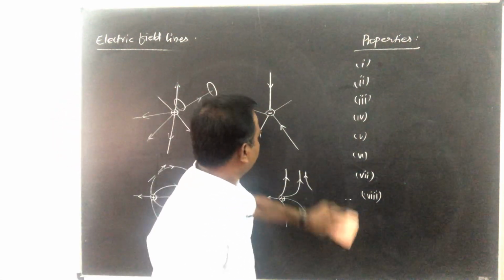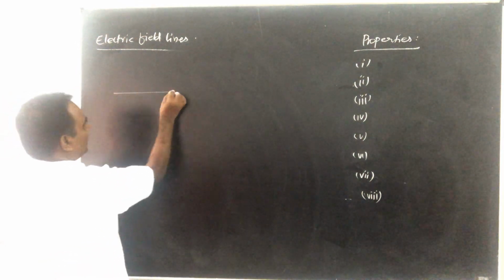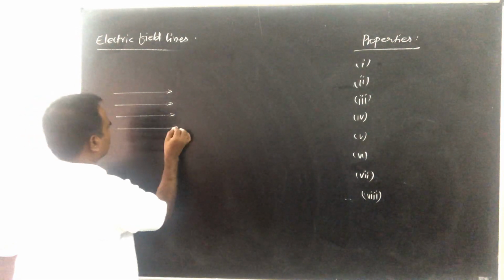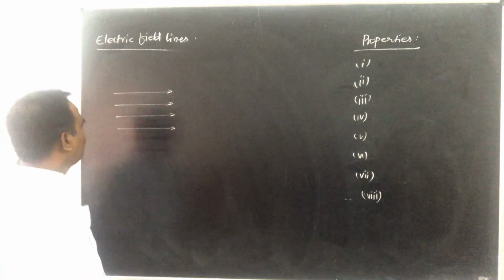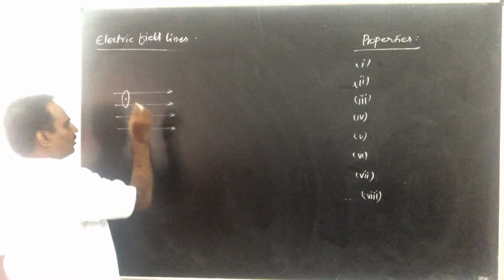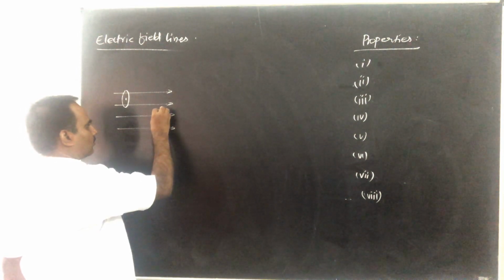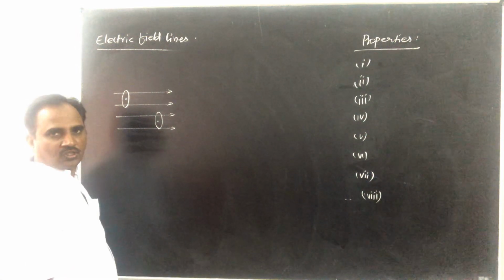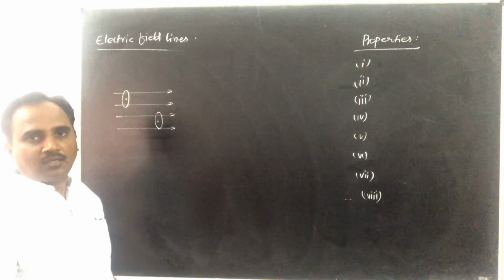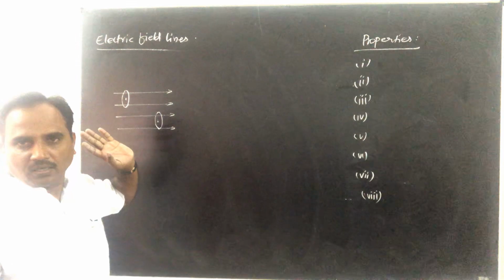Similarly, if there is some electric field represented like this, these are the electric field lines. If I consider unit area here, and also unit area here, and the same number of lines are passing, then the electric field here and here is said to be the same, both in magnitude and direction.